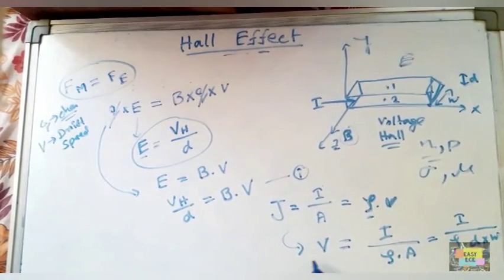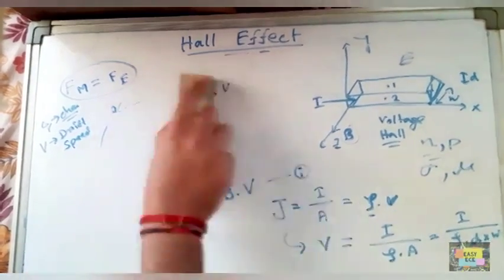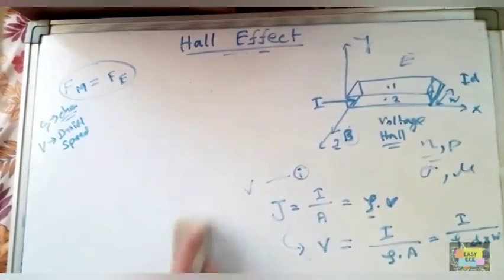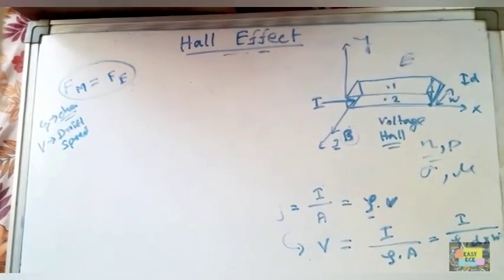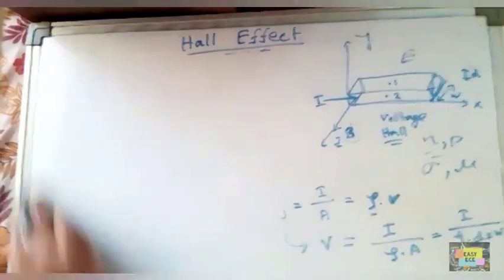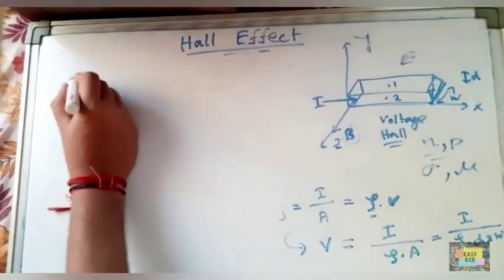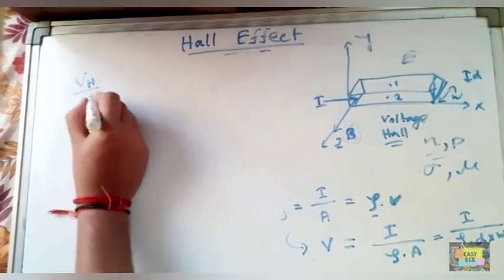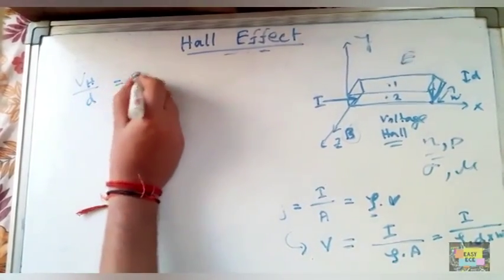If we substitute the value of v into equation 1, what do we get? VH by d equals B into v.